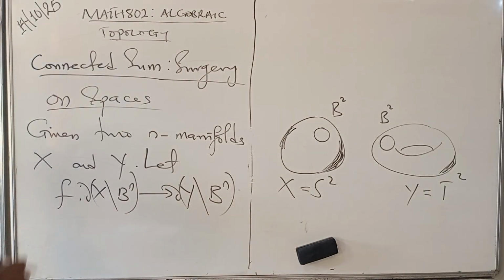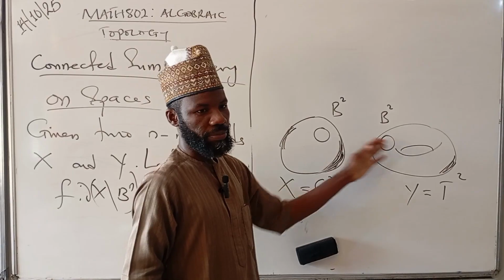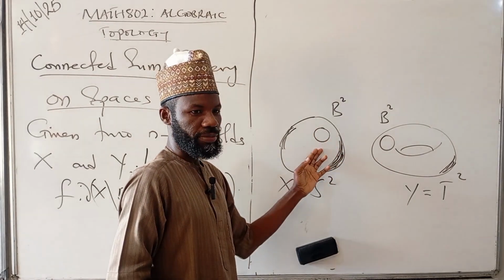So such a homeomorphism exists. If you take any such homeomorphism, you use it to define an adjunction space.